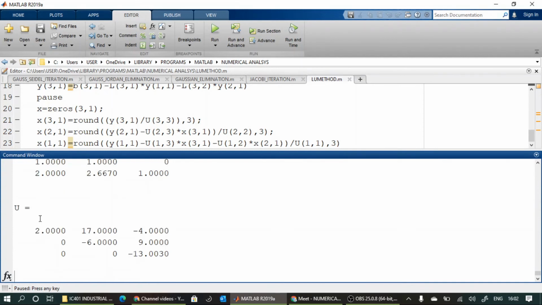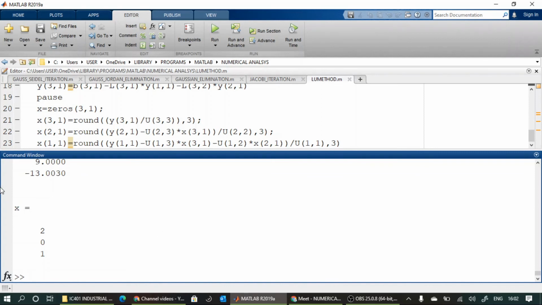Now this is U, 2 17 minus 4, 0 minus 6 9, 0 0 minus 13.003. So this is y is equal to 0 9 minus 13.003. This is x, 2 0 1.